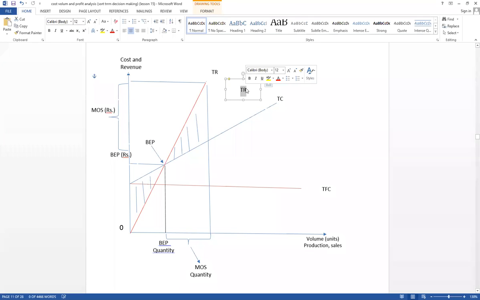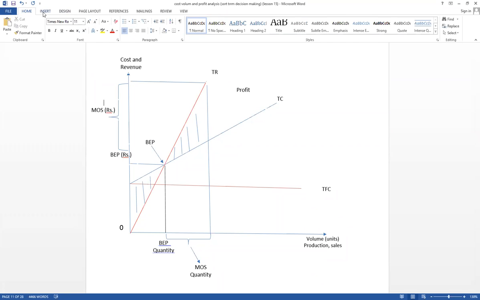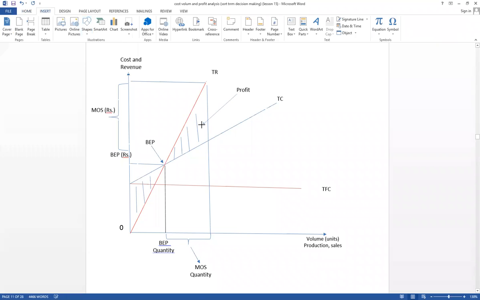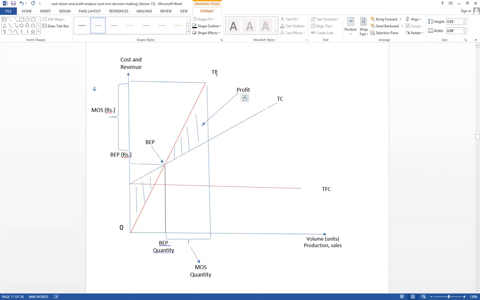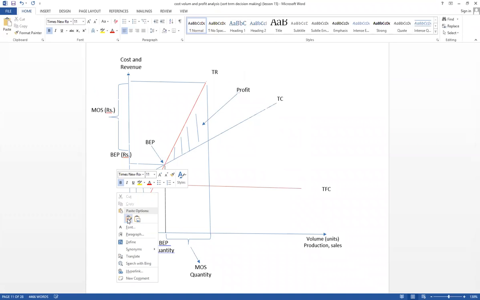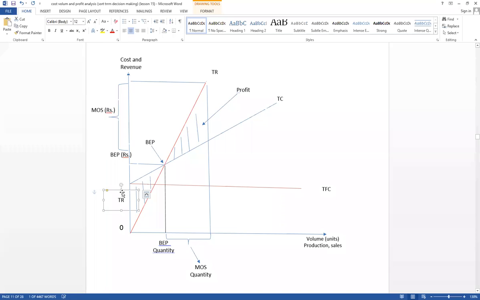This one profit. Therefore, this is a profit. Total revenue minus total cost. Total revenue higher than the total cost. Therefore, this side, this is profit. And this is a loss. Therefore, this is a loss.